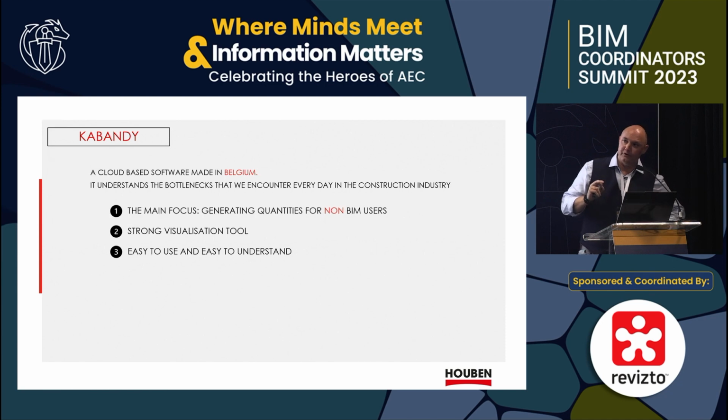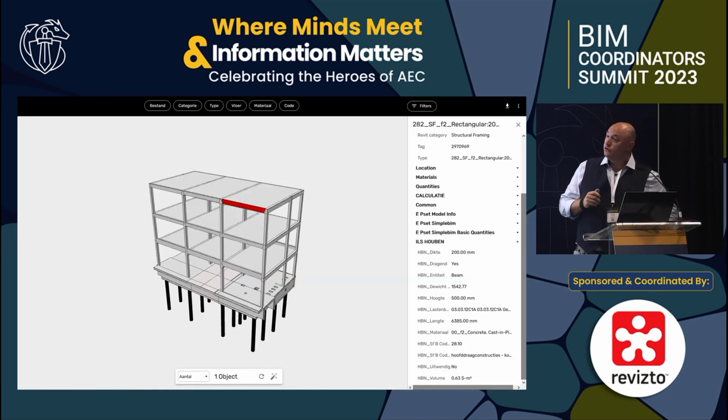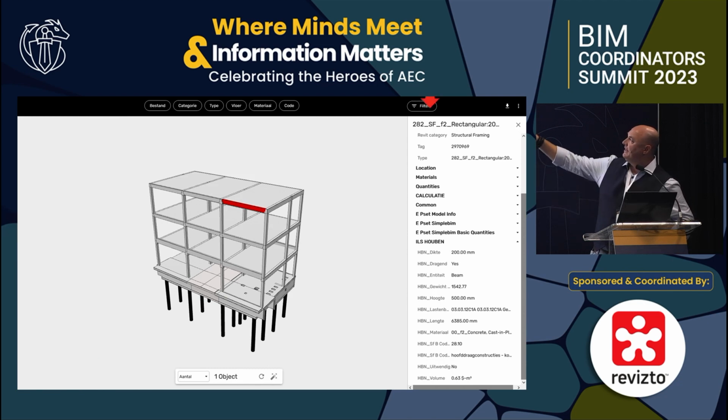This is very important because the people that made that software understand the problems that we encounter during the production or the construction phase. So just to give you an example, this is an image from Kabandi, the same model again, the same selection of a beam, and what you will see is the example of standardization.